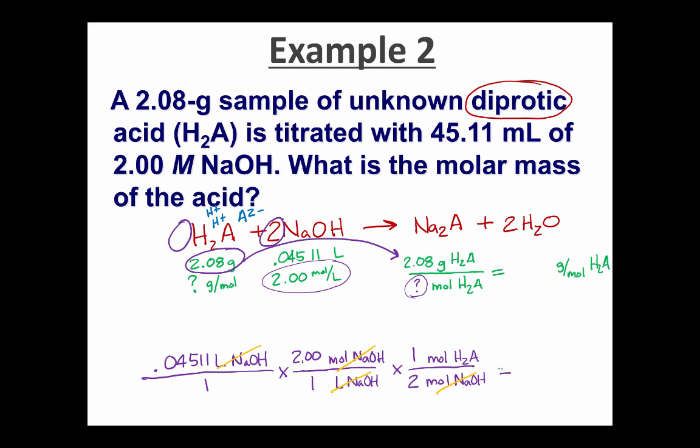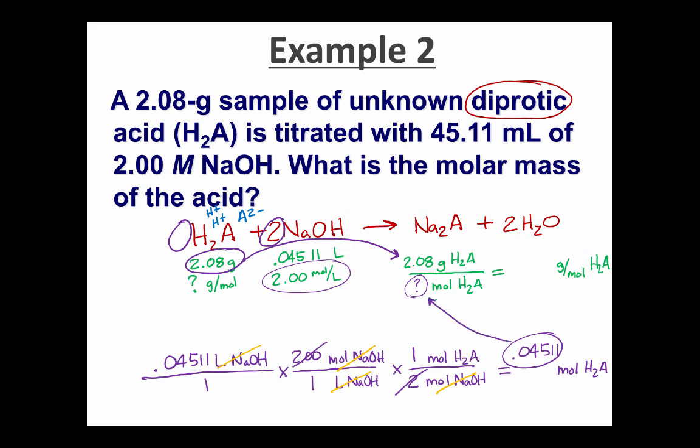Here, the moles of NaOH cancel, and we can calculate the moles of H2A. In addition, the 2's also cancel, leaving an answer of 0.04511 moles of H2A.